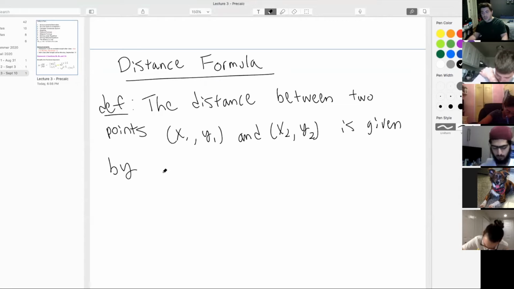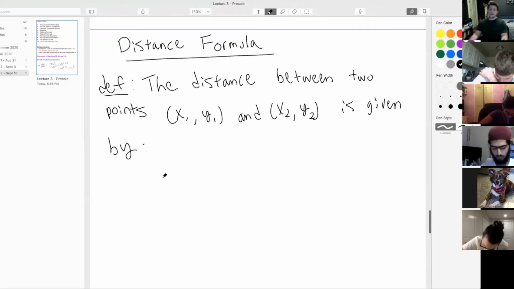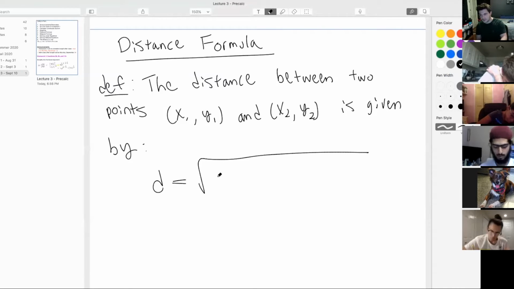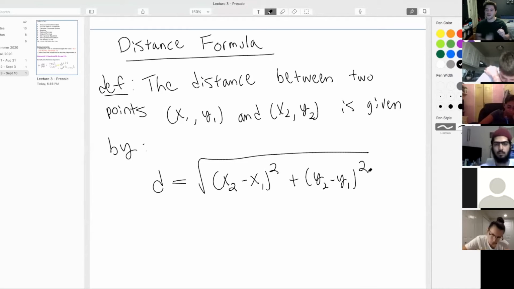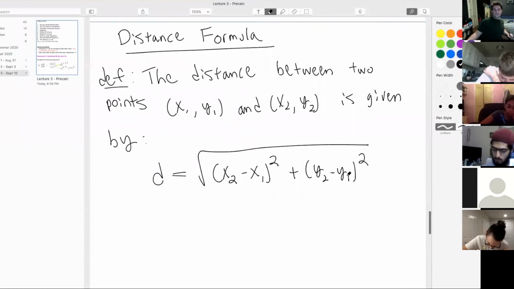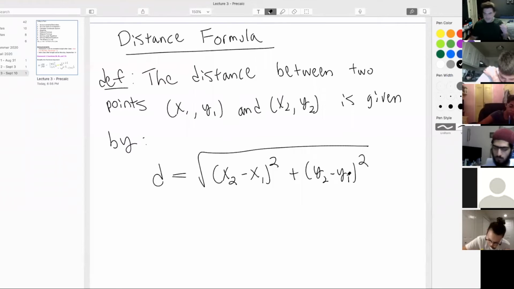We usually just denote the distance with the letter D. That's just conventionally what is used, and it is this formula: d is the square root of x2 minus x1 quantity squared plus y2 minus y1, that whole quantity squared. So this is the definition of the distance between 2 points.